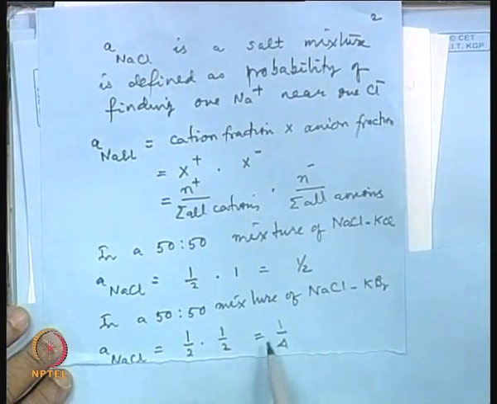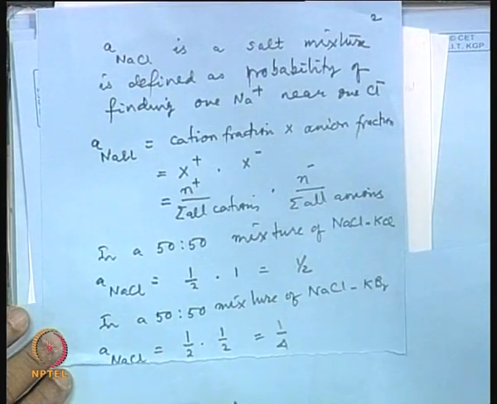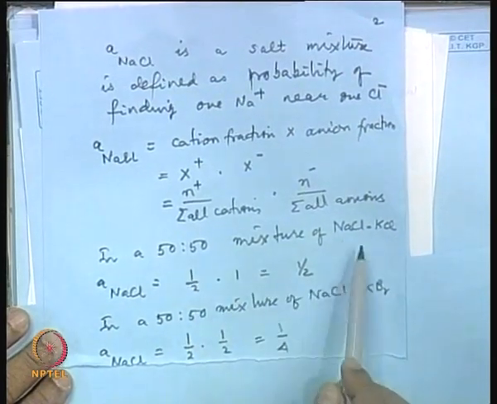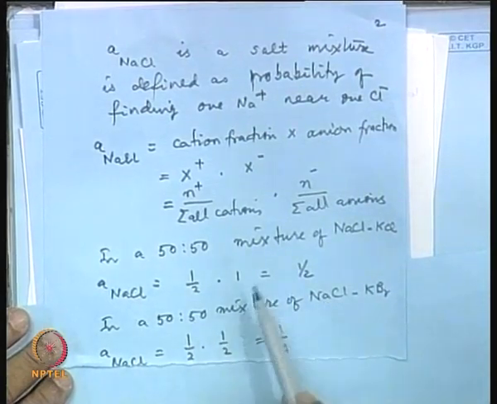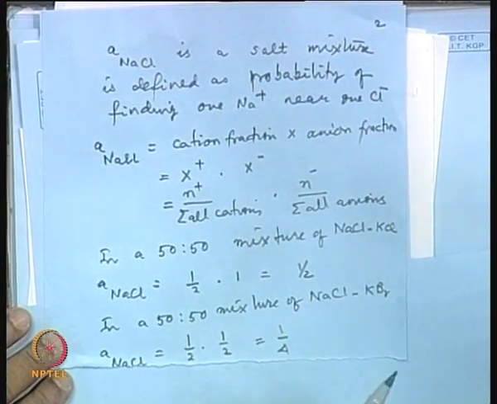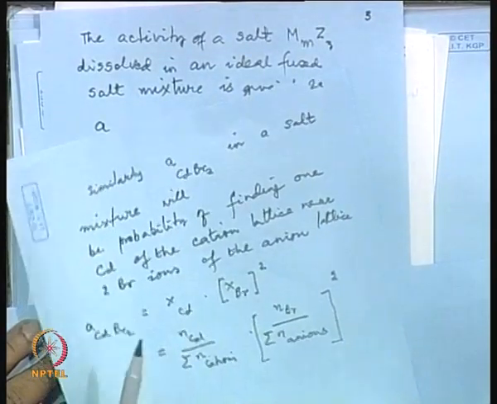So, a_NaCl would become 1/4. Even though there is a 50-50 mixture, in the fused mixture, activity of sodium chloride is not half. In this case, it becomes 1/4 if it is NaCl and KBr. I hope you have understood this.